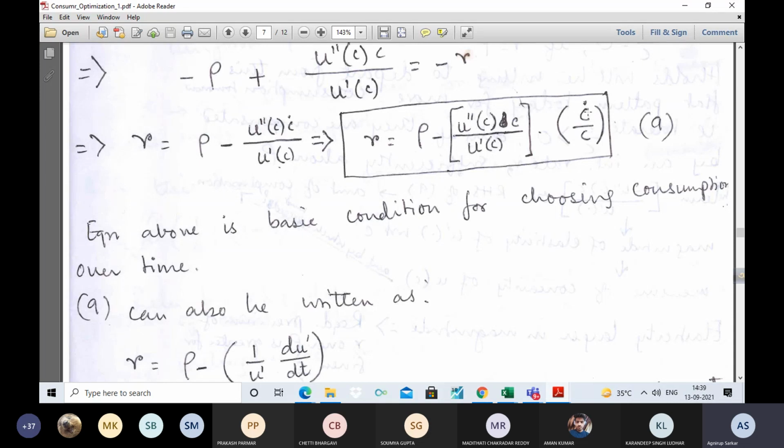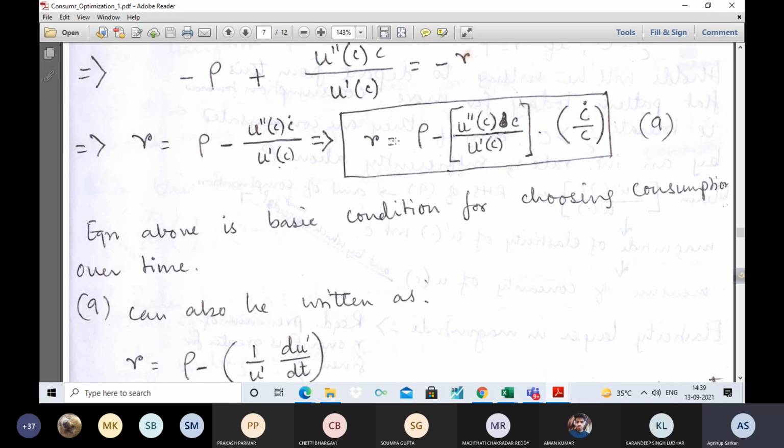It is remaining flat, remaining constant more or less. And that would be the case if R is almost equal to rho, if the rate of interest is almost equal to the rate of time preference.